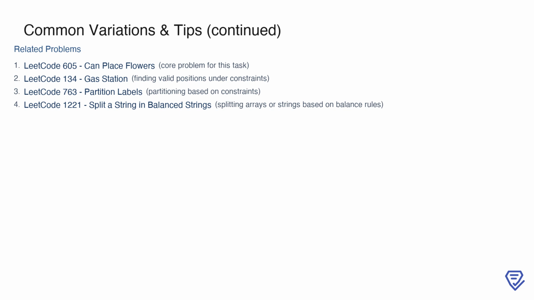LeetCode 763 Partition Labels involves dividing a sequence into partitions based on certain rules, which mirrors the idea of analyzing blocks of zeros in the flower bed. Lastly, LeetCode 1221 Split a String in Balanced Strings deals with splitting strings based on balance criteria, which can also help you sharpen your skills in handling division and grouping problems. Studying these related problems can deepen your understanding of constraint-based logic and help you approach variations more confidently.